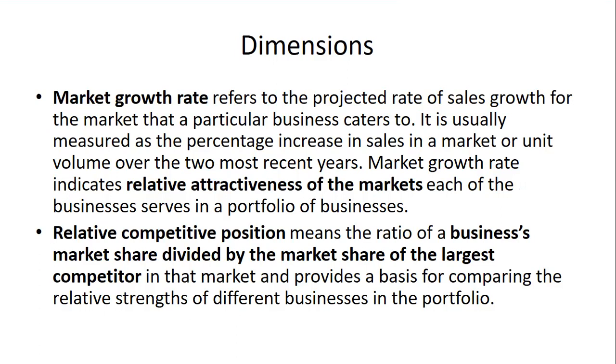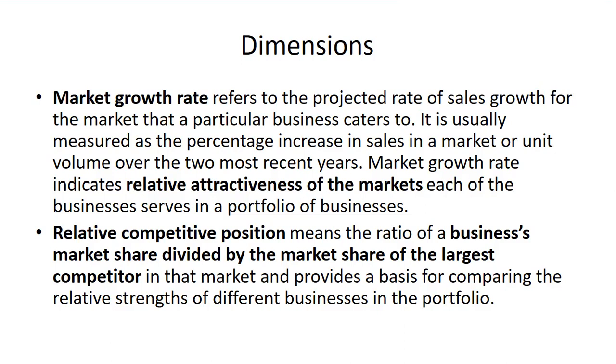Market growth rate refers to the projected rate of sales for a particular business. It is usually measured as the percentage increase in sales in the market, or the unit volume, over the last 2 recent years. That is, 2 recent years are taken into consideration. So market growth indicates the relative attractiveness of the market of that particular business which has been served.